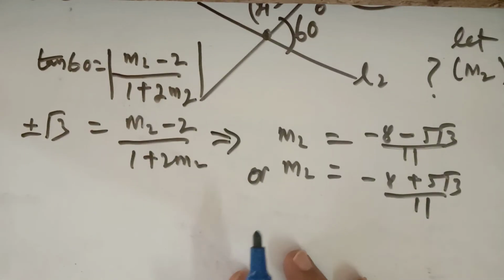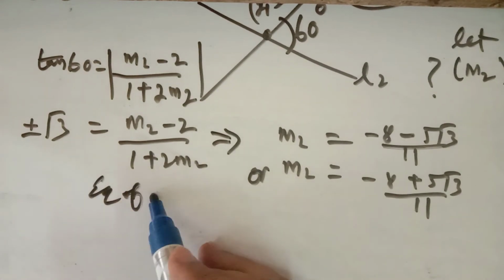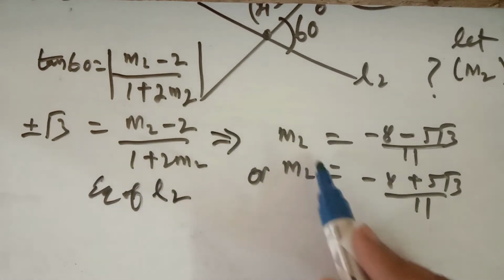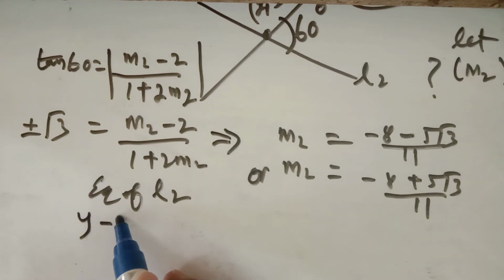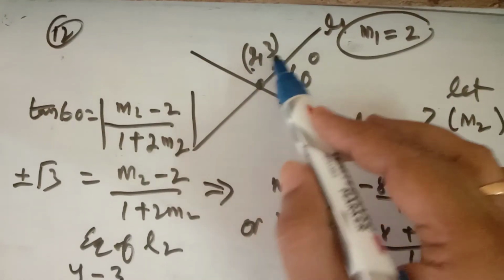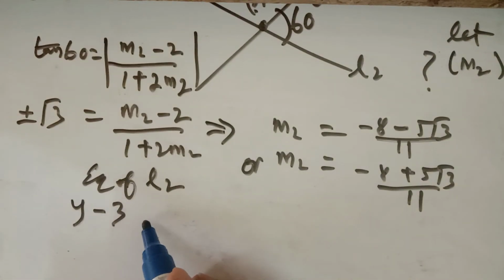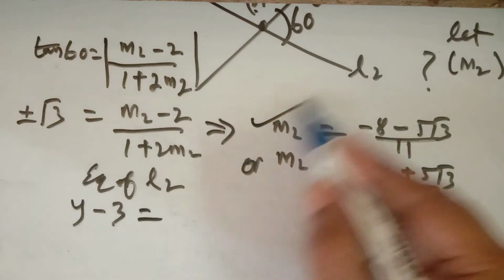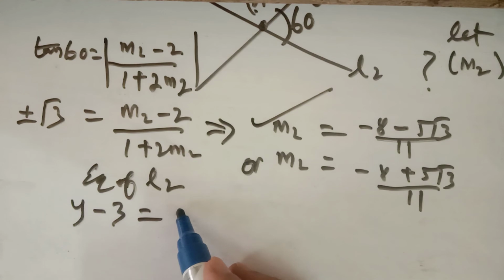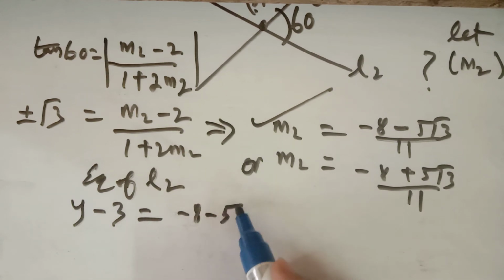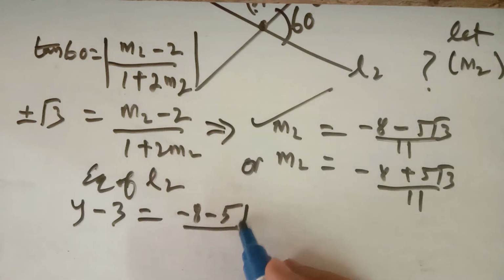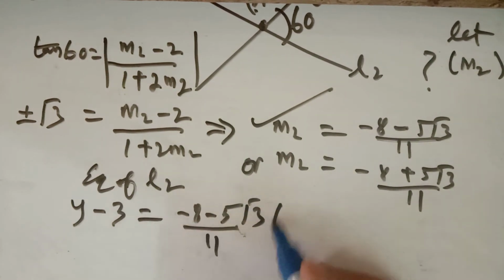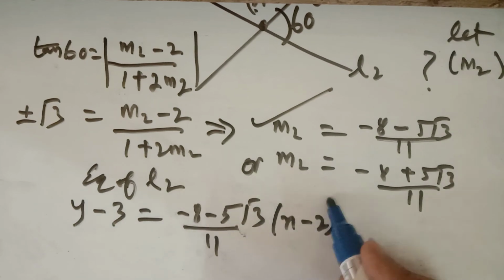Now you can find the equation of the line L2. We'll get two equations because we are getting two slopes. Y minus y1, where the point is 2, 3: y minus y1 is equal to the first slope, minus 8 minus 5 root 3 upon 11, into x minus x1.